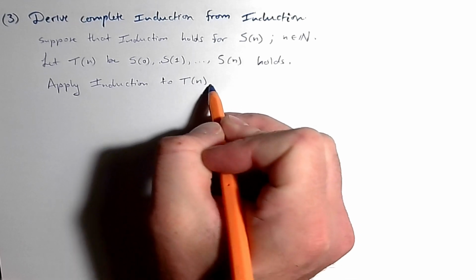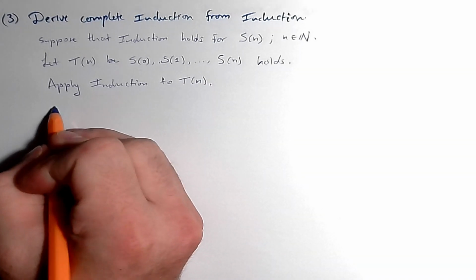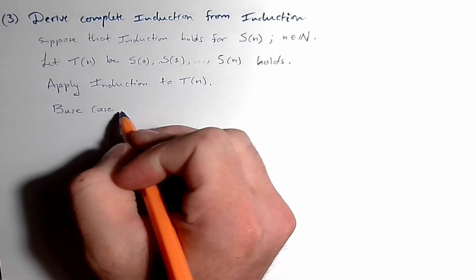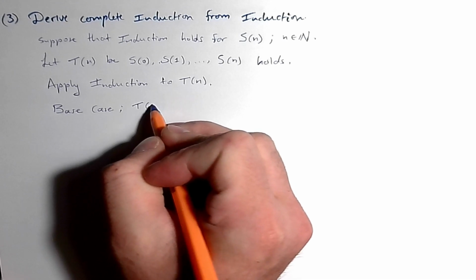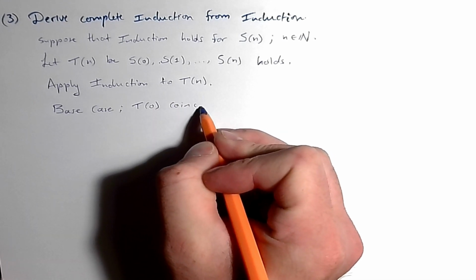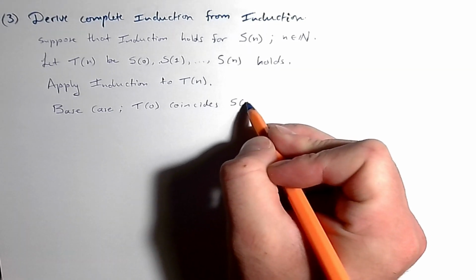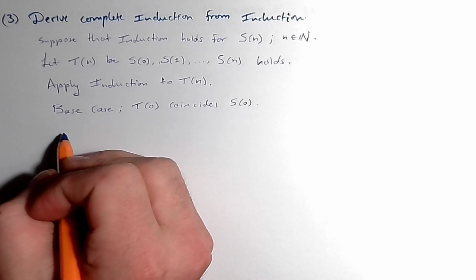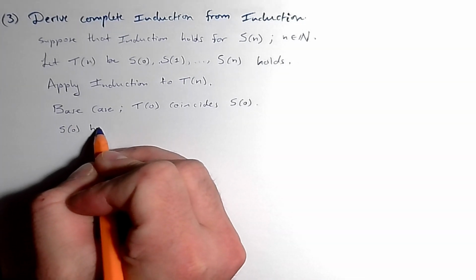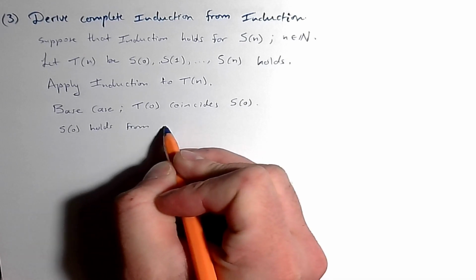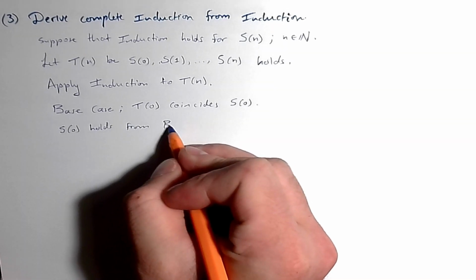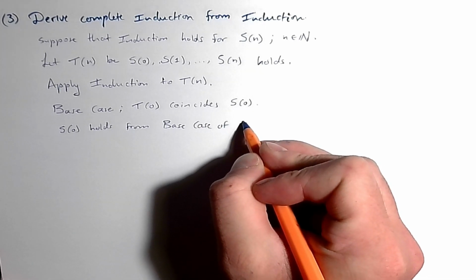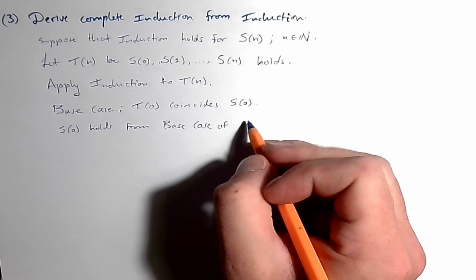to this new statement. To do that, we need to consider the base case, but that's quite simple because all that we have to notice is that T of 0 coincides with S of 0. But we already know that S of 0 holds from the base case of the induction principle, which is our assumption.